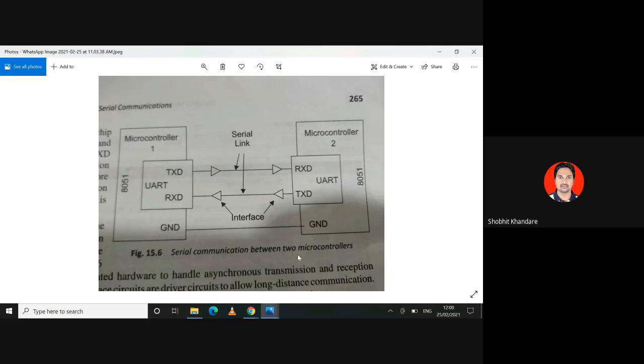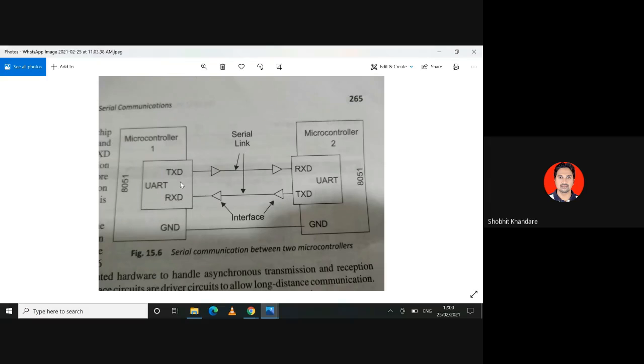Serial communication between two microcontrollers. ये देखो, ये एक माइक्रोकंट्रोलर है 8051, और वो सपोर्ट करता है UART, that is Universal Asynchronous Receiver and Transmitter. जब UART की बात आती है तो माइक्रोकंट्रोलर के पास TXD पिन है और RXD पिन है. वैसे दूसरा और एक माइक्रोकंट्रोलर है 8051. अभी इसके साथ सीरियल कम्युनिकेशन करना है, तो सपोज इसको ट्रांसमिट करना है तो वो TXD के थ्रू ट्रांसमिट करेगा और ये RXD के थ्रू रिसीव करेगा, और अगर इसको ट्रांसमिट करना है तो ये TXD के थ्रू ट्रांसमिट करेगा और ये RXD के थ्रू रिसीव करेगा.